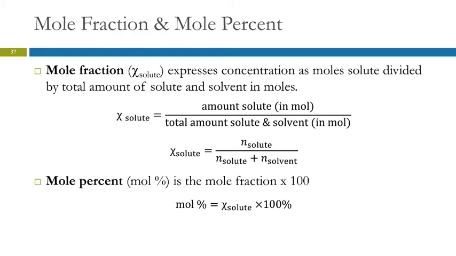So it could also be written out this way: moles of solute divided by moles of solute plus moles of solvent. And so this is thinking more about particles. What fraction of the particles are solute? Mole percent, you just take the mole fraction and multiply by 100.